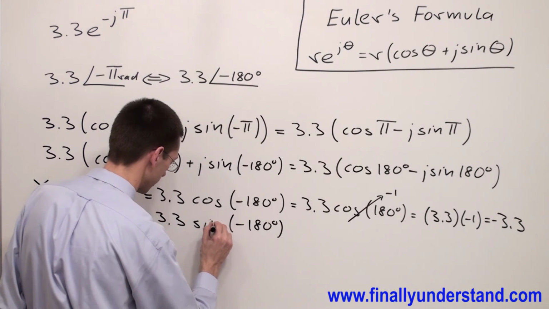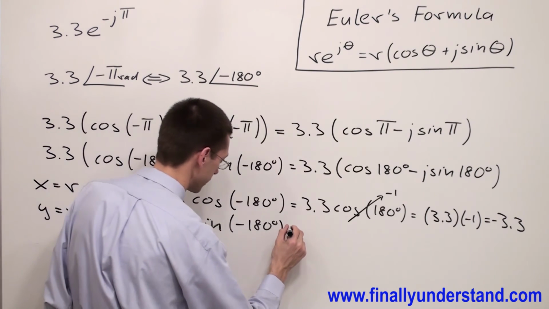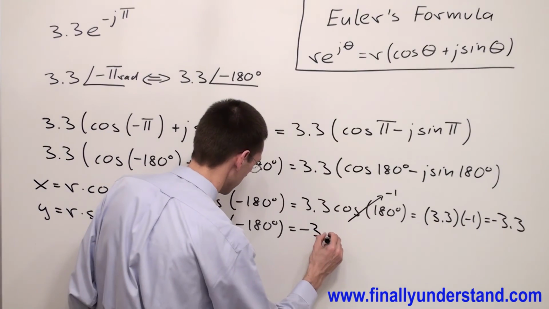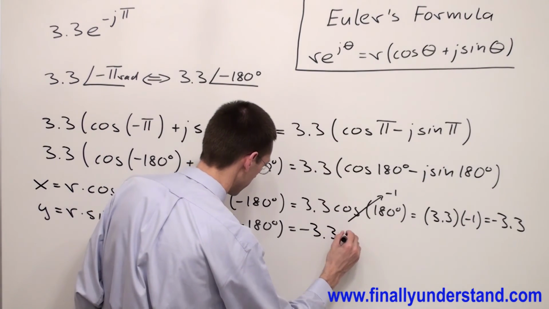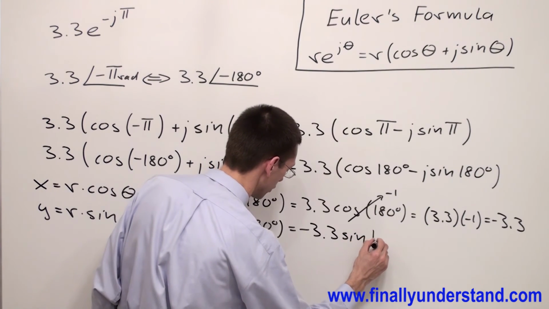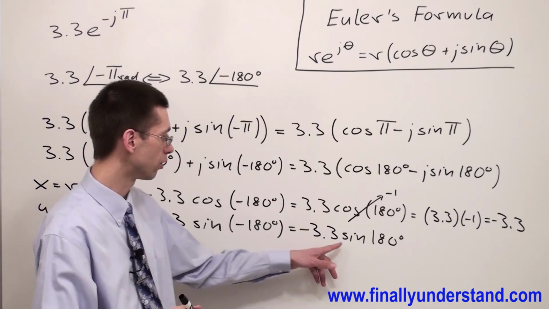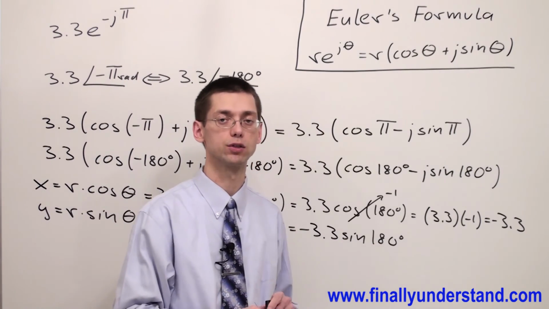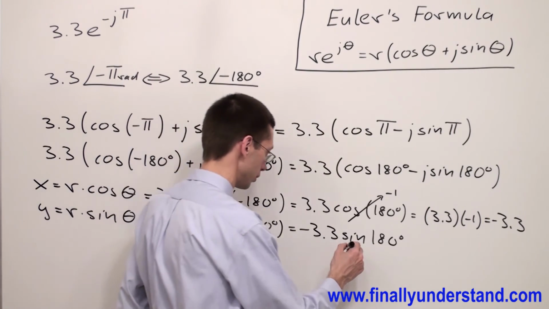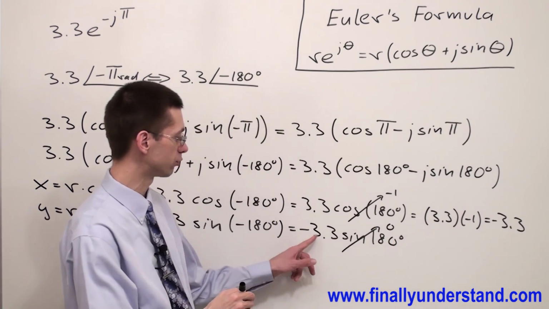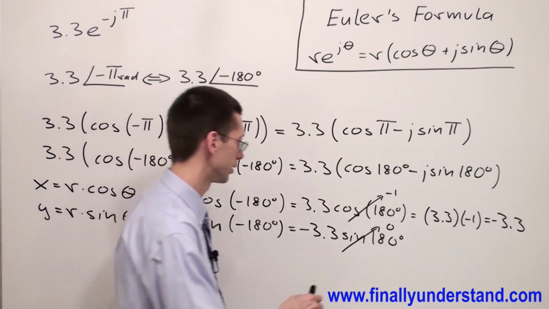I can rewrite this as negative 3.3 sine of 180 degrees. But please notice that sine of 180 degrees is equal to 0. Okay, so this expression is equal to 0. 0 times negative 3.3 will give me 0.